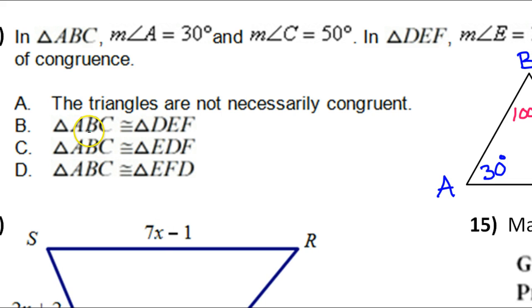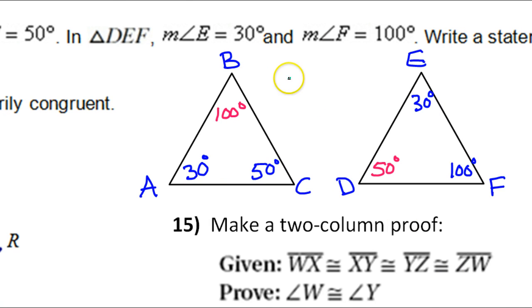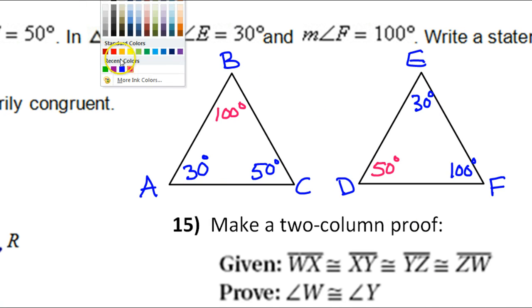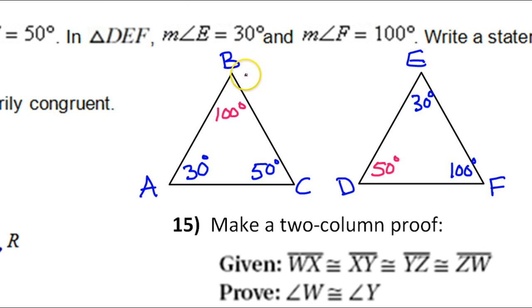Okay, so if we start with ABC, for example, if I want to talk about triangle ABC, and I say that it'll be congruent to triangle... A is 30 degrees, so that's going to correspond with angle E, so that would have to come first. Next is B. B is 100 degrees.